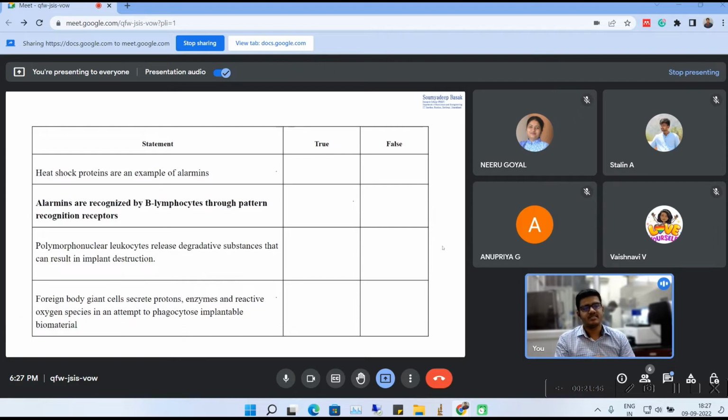Next one: alarmins are recognized by B leukocytes through pattern recognition receptors. Is it true? Anyone else want to try?